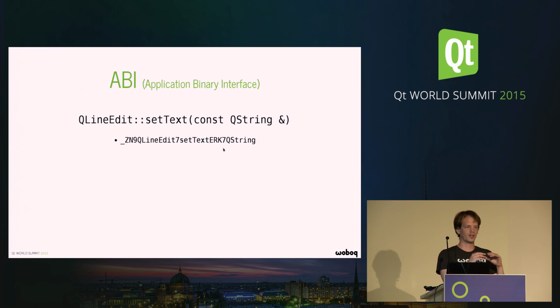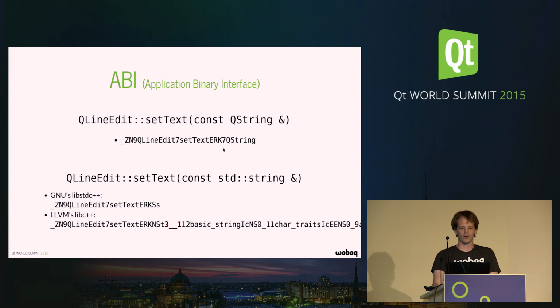So this function in the library expects a QString, which is laid out in memory like a QString, and where the data is. However, imagine we had a setText that takes a std::string. Then the mangling is a bit different, depending on which standard library you use.